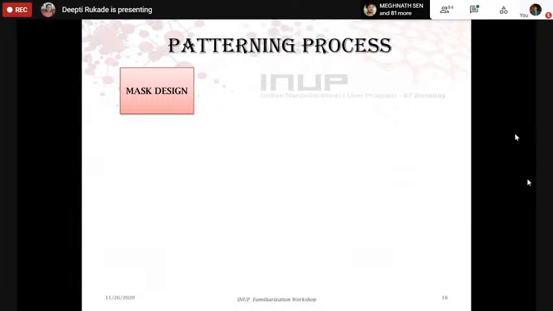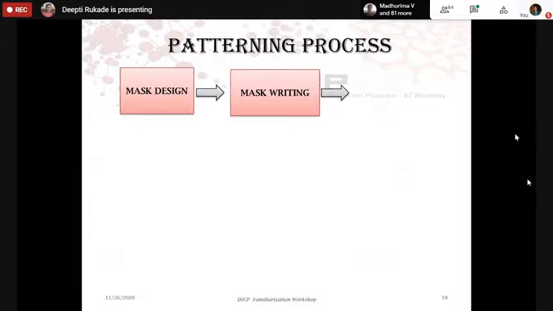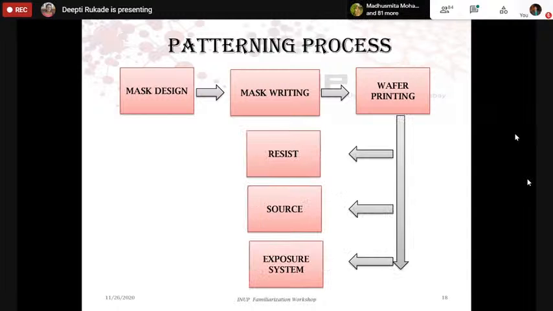So the basic structure is, for any process, you have the mask design. You make a mask, you design your pattern, then you write the mask, then you expose the same mask on the wafer.